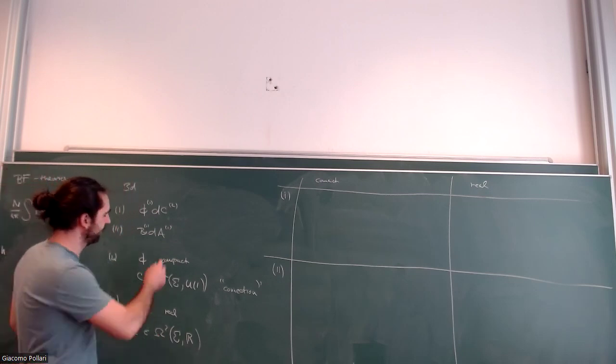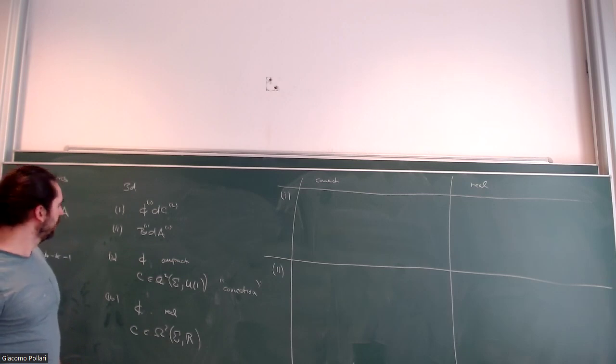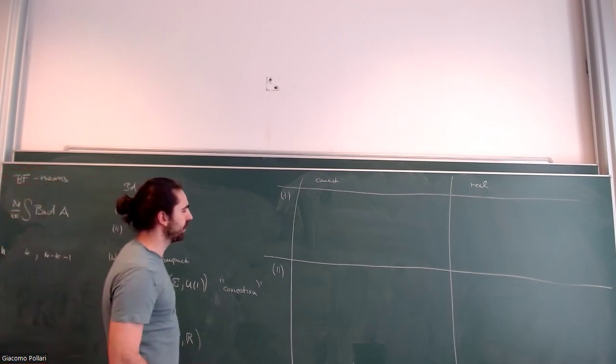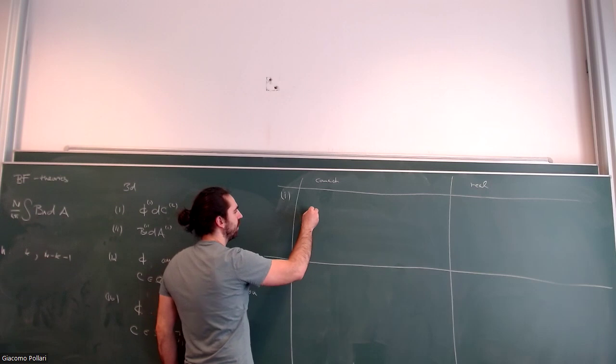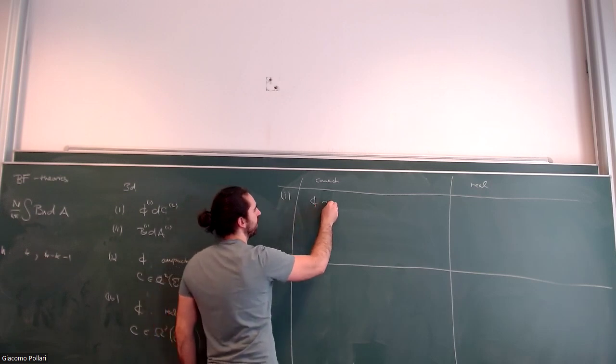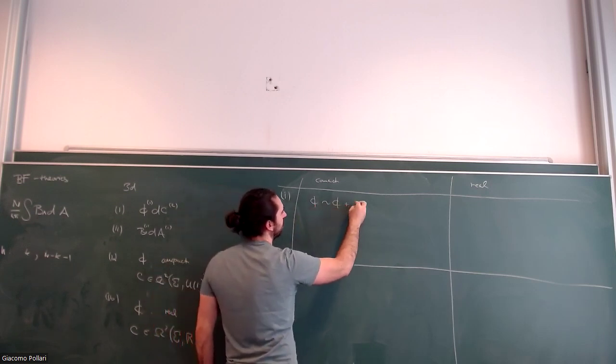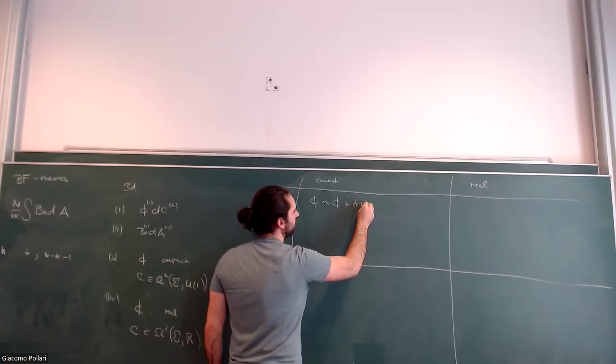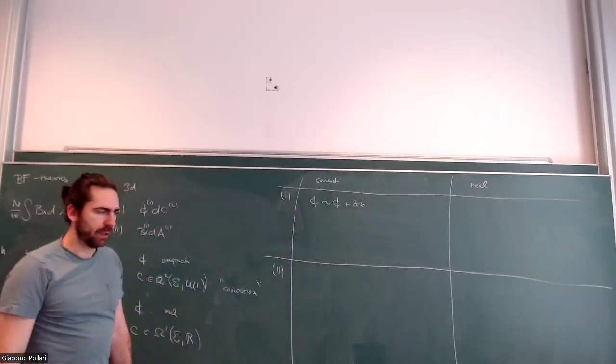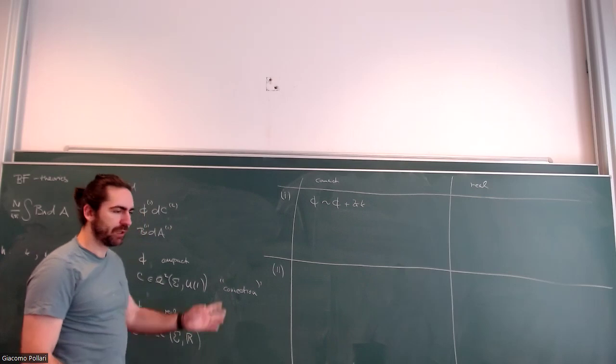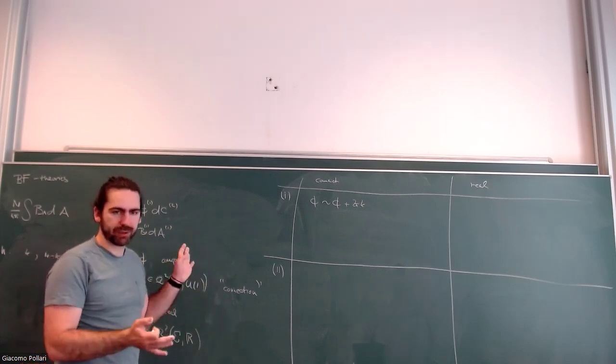So if phi is compact, that means it's defined up to a 2 pi shift. And that means that phi in and of itself is not a good operator.